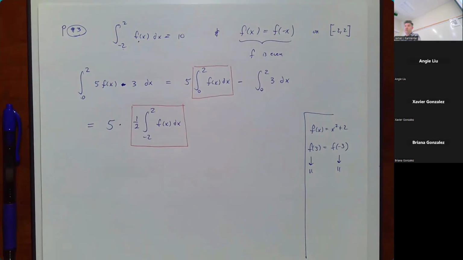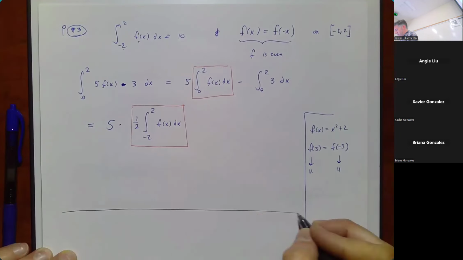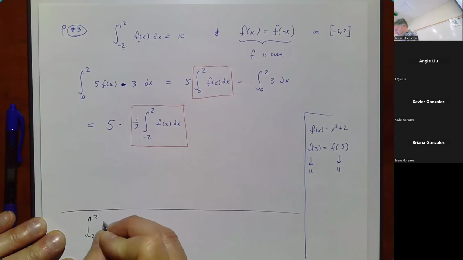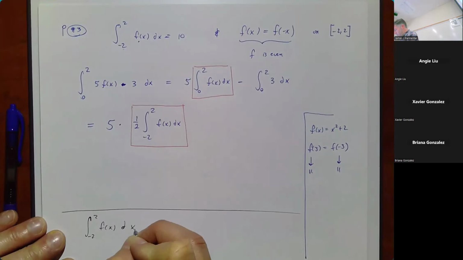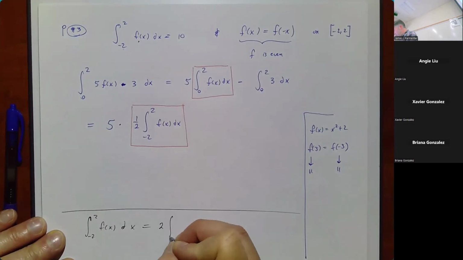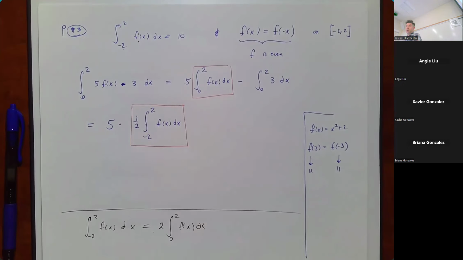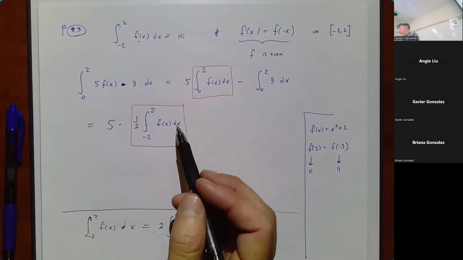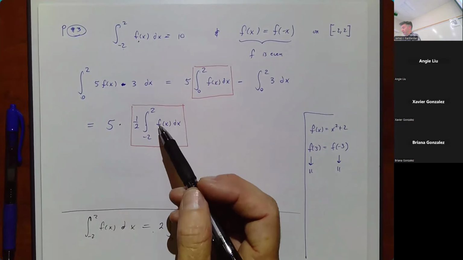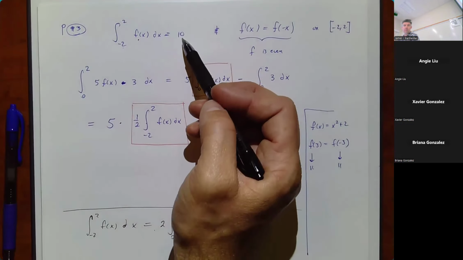Because if the function's even, then the integral from -2 to 2, right? What I'm really using here is the fact that the integral from -2 to 2 of f of x dx should equal 2 times the integral from 0 to 2 of f of x dx. Right? That is the quality of being even. And so I'm just dividing both sides by 2 to get that. And the reason I'm writing it that way is because I know that the integral from -2 to 2 of f of x is equal to 10.